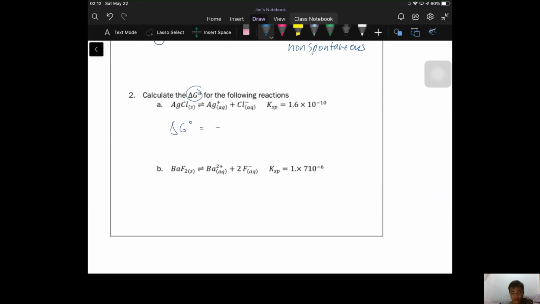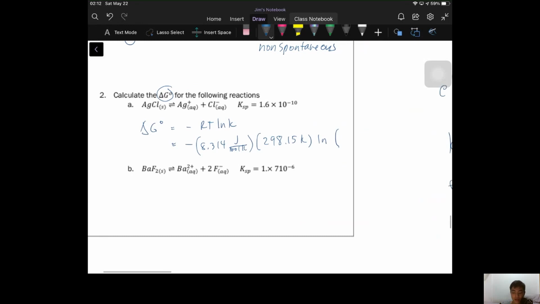Delta G naught is equal to negative RT ln K. Remember, R is 8.314 joule per mole Kelvin. Temperature. Pag di sinabi, 25 degrees Celsius yan. 298.15 Kelvin, ln of the K, KSP in this case.